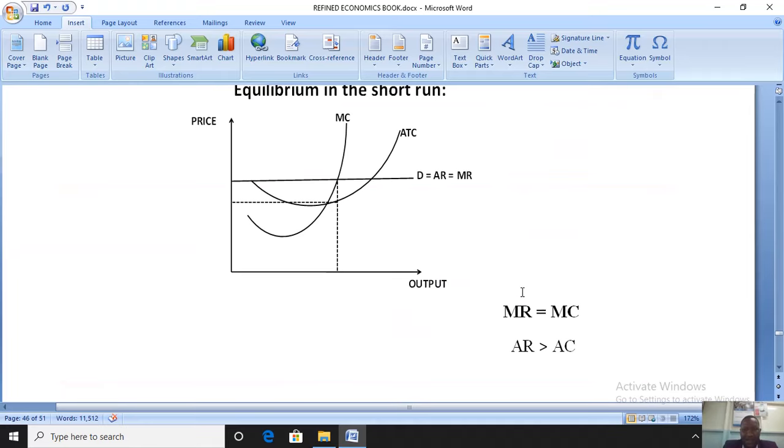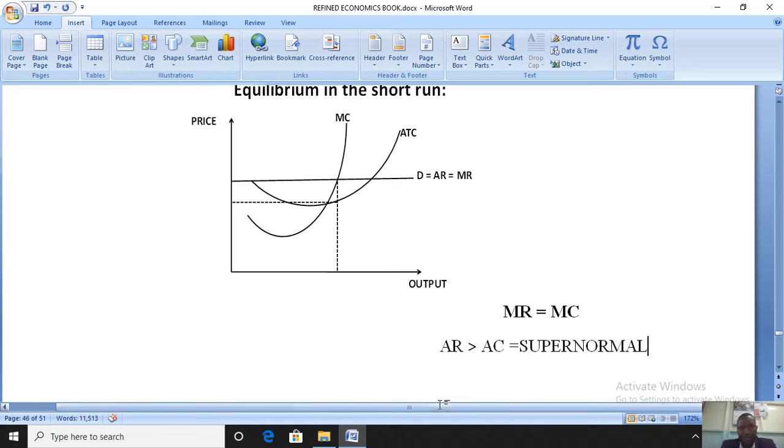In our previous graph, the graph for supernormal profits, we went to the profit maximization point, which is MC equals MR, and that is the level of profit maximization. And along that line, we discovered that AR was greater than AC, so this result means that firms are making supernormal profits.